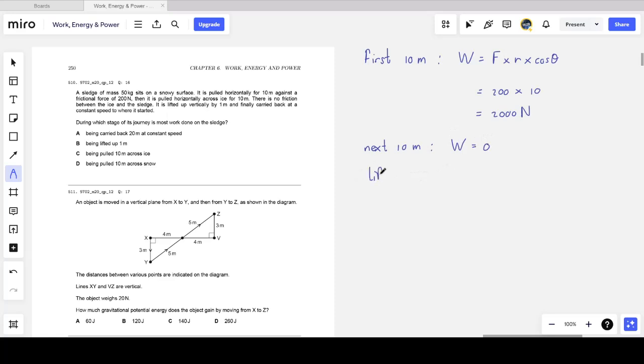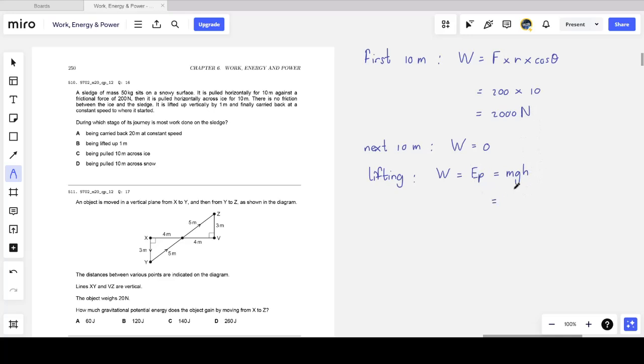What about lifting the sledge? So now I need to pick up the sledge and carry it 1 meter above the ground. The work I'm going to do on the sledge is going to be in the direction that I am applying the force, and that's upward, and that's going to equal the change in gravitational potential energy of the sledge, mgh. It starts on the ground and it goes a height of 1 meter into the air.